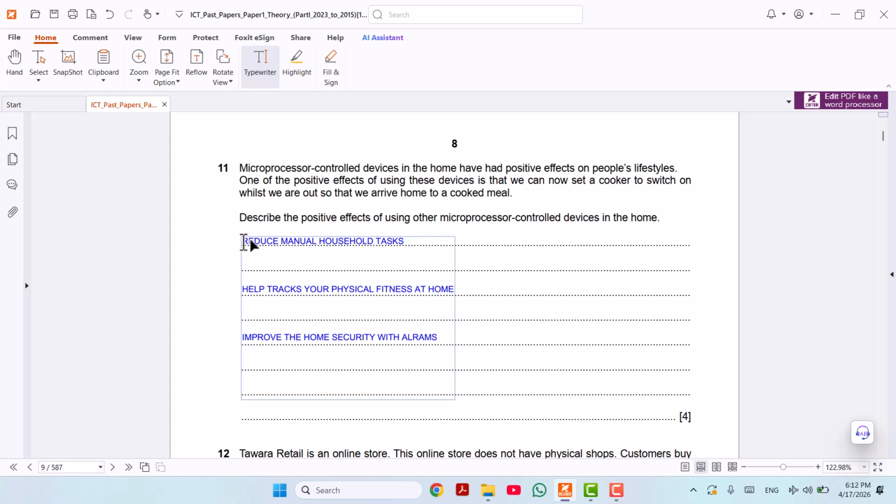Number four, for positive effects, it saves energy by remote control. Like some air conditioners, when it finds the room has become very cold, it makes the degree lower to be at the normal degree.